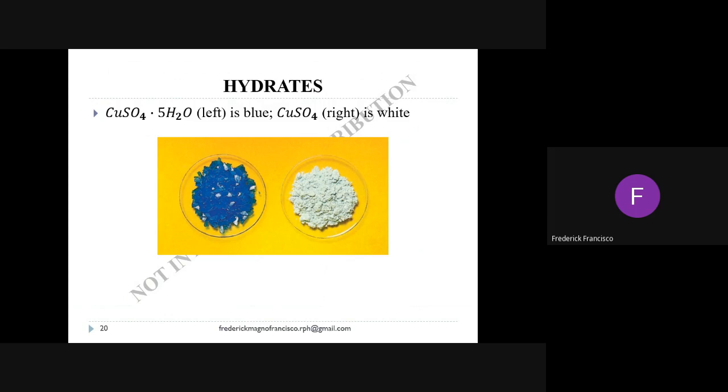The water molecules can be driven off by heating. When this occurs, the resulting compound is CuSO4, which is sometimes called anhydrous cupric sulfate. Anhydrous means that the compound no longer has water molecules associated with it.